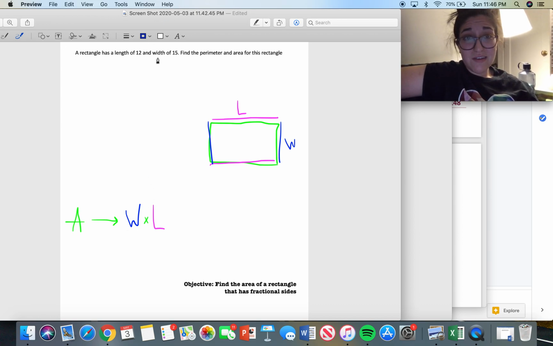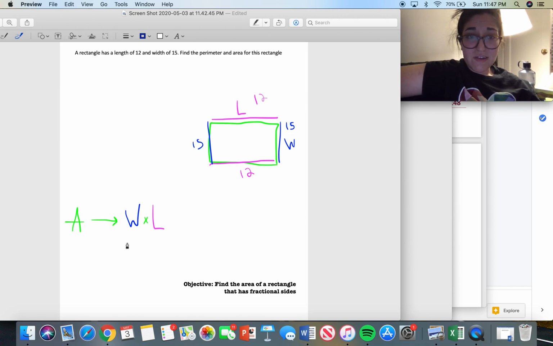In this case, this rectangle has a length of 12, so my pink is going to be 12, and if this side is 12, this side will also be 12. It has a width of 15, so if this side is 15, this side will also be 15. So I could do 15 times 12, and I will be able to find my area.